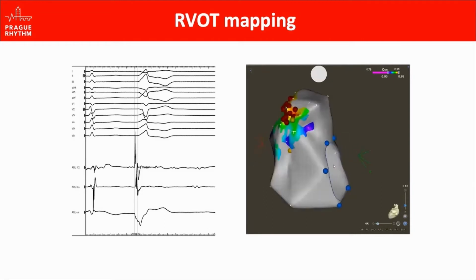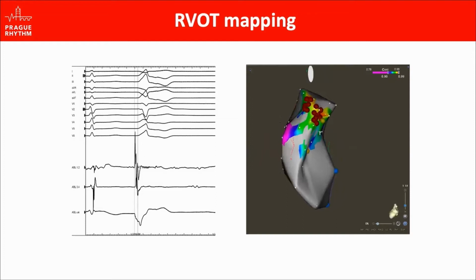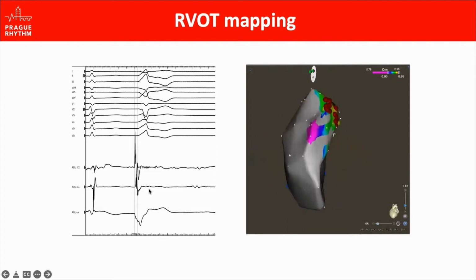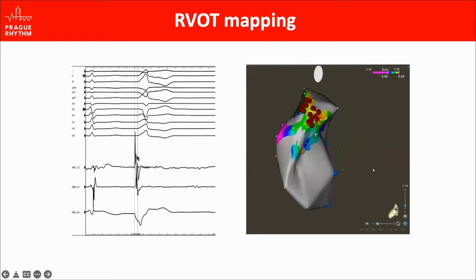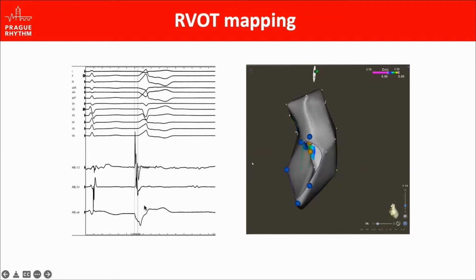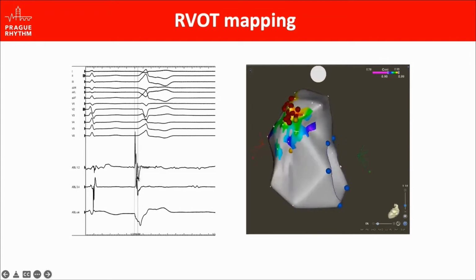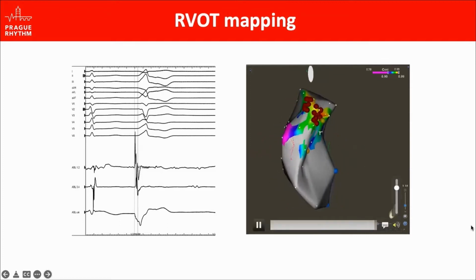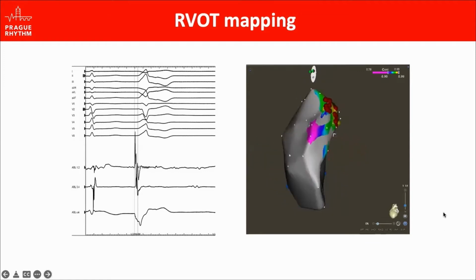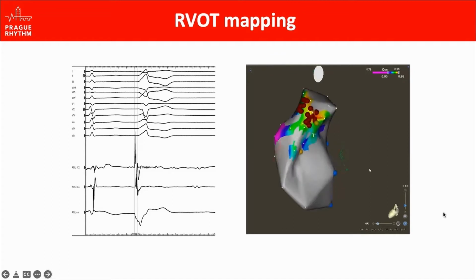Then, if there are spontaneous PVCs, we do an activation remap. During the procedure, we need to analyze the bipolar signals, but also unipolar signals, especially their prematurity. And once we have the earliest focus bracketed, we perform ablation.